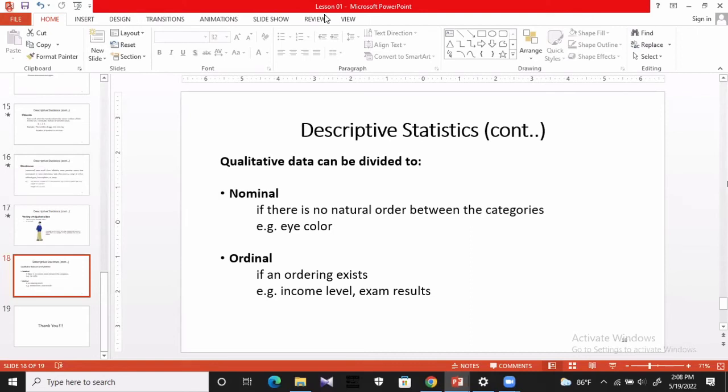Now consider your grades. For example, for the first year examinations, let's say you had 10 subjects, 10 courses. For those 10 courses, you had grades like A plus, A minus, B plus, B, B minus. At the end of the semester, you will know only the grade, not the mark for a particular subject.